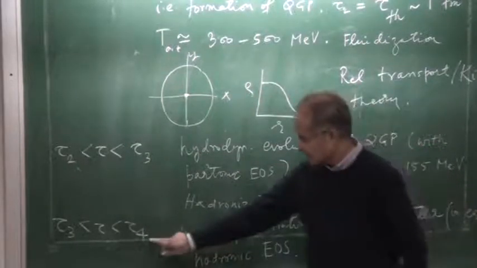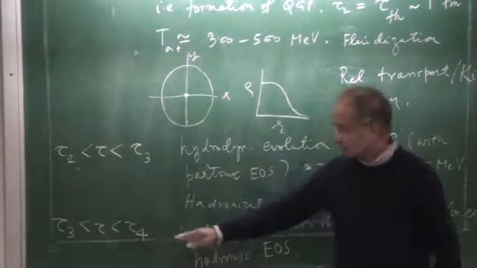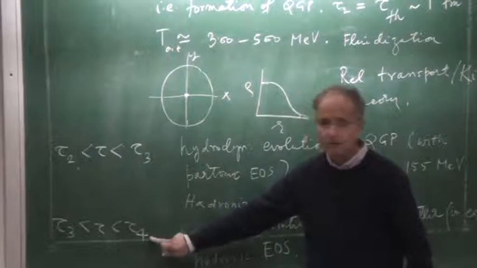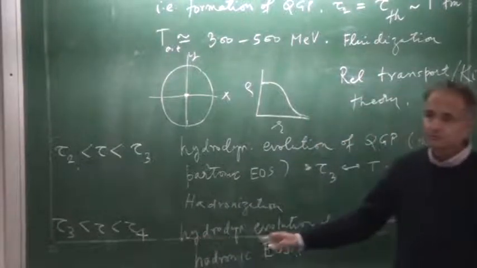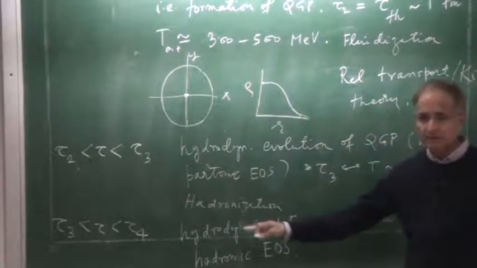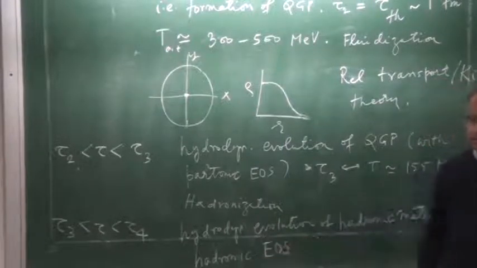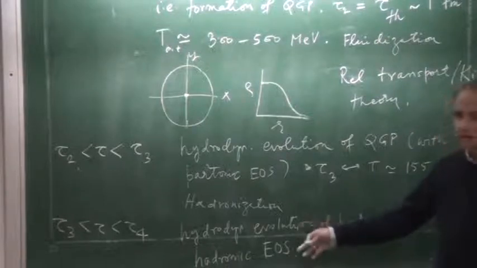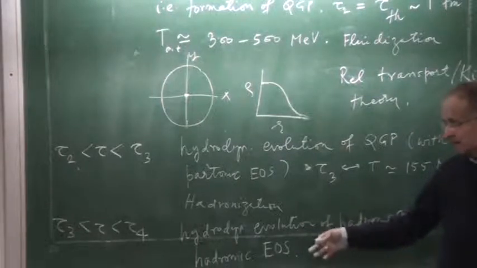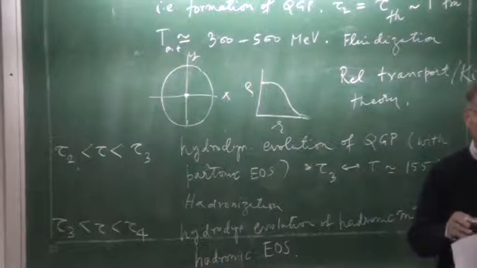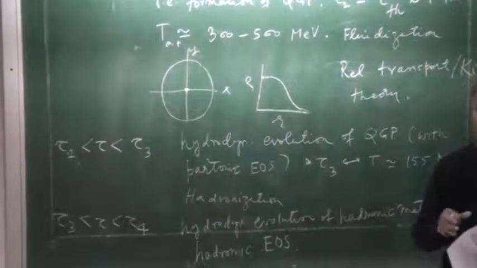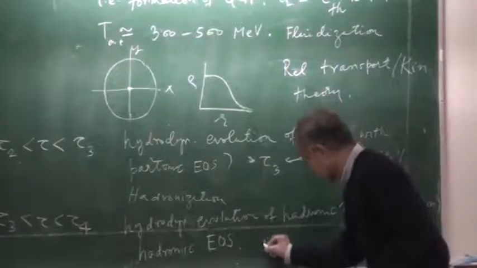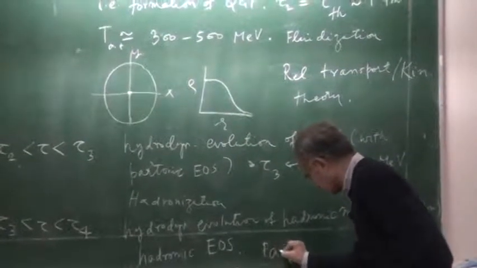After this, the system has gone out of equilibrium at this time, tau 4. You cannot use hydrodynamics any further beyond time tau 4. So in other words, that is when it is no longer a fluid, but the density has become so low that now you can talk about particles. This stage is sometimes called particleization.